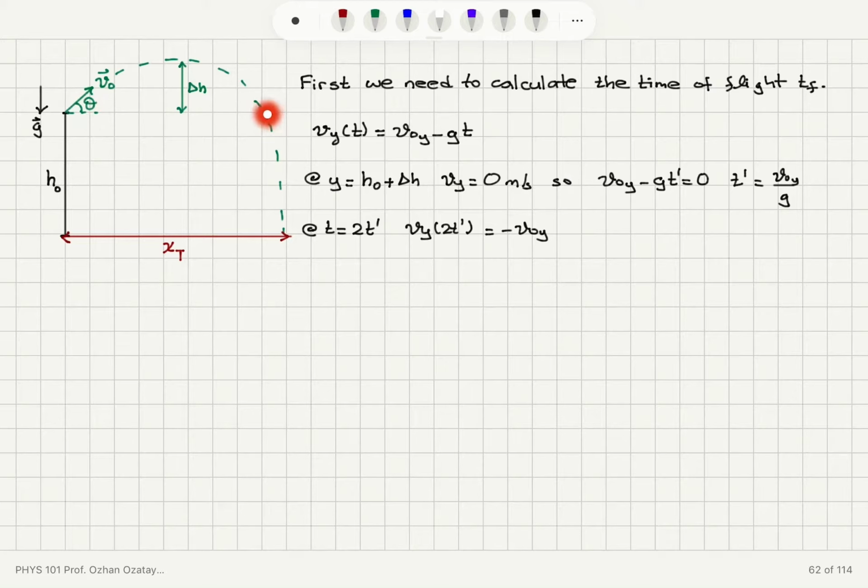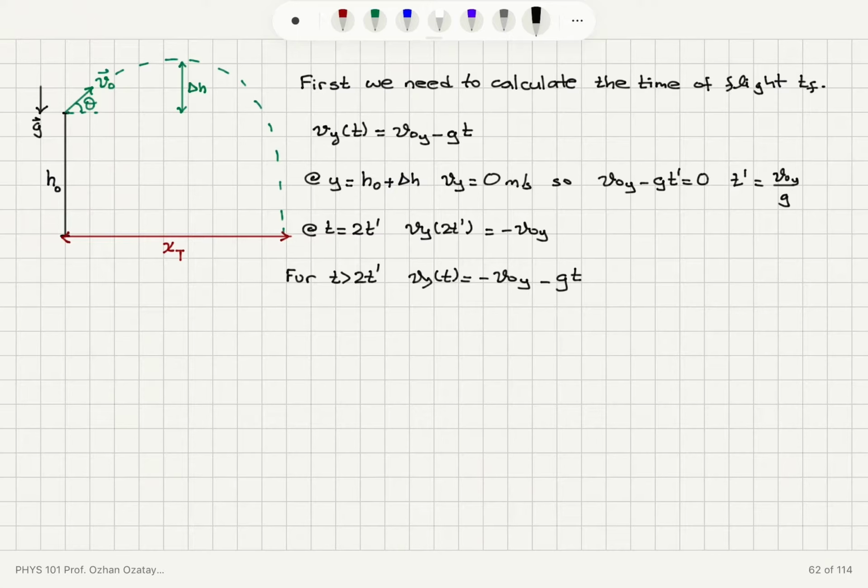This is at this level here, and we have the same y component in the negative direction, so it will be in the opposite direction. Now for t greater than 2t prime, the velocity vy of t will be minus v0y, which is its initial value at this point, minus gt.